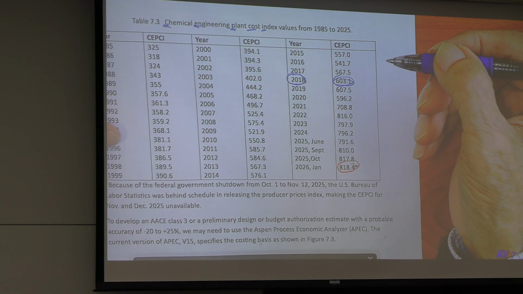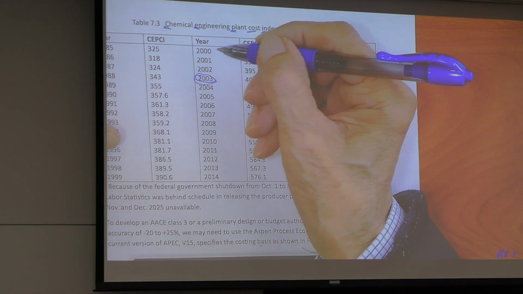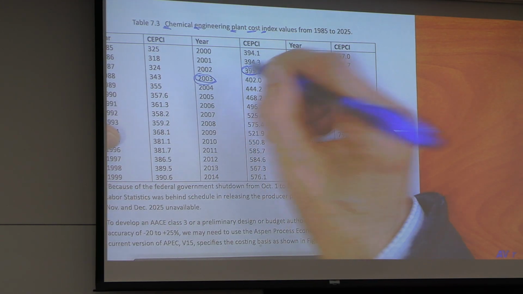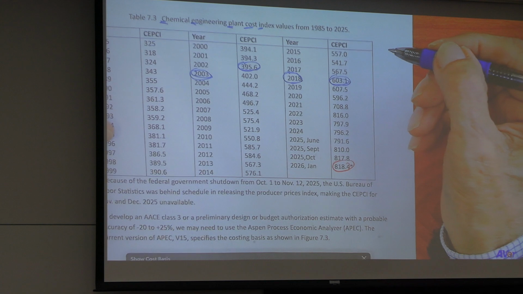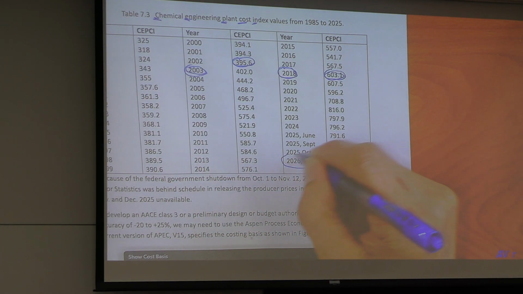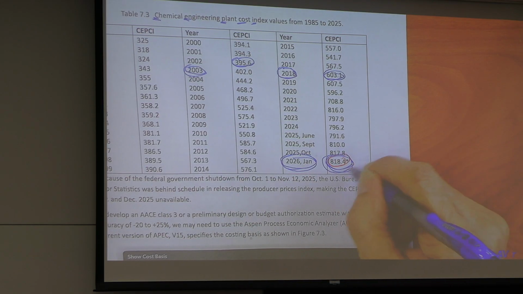Peter and Timmerhaus, based on 2003. Another cost index based on 2002. In your project, we want you to report the cost for January 2026. What's the number? 818.4.